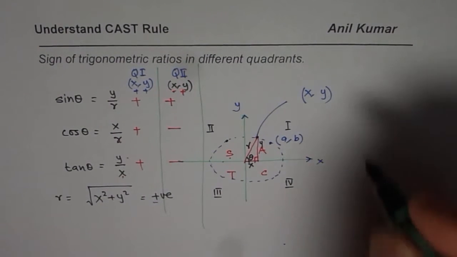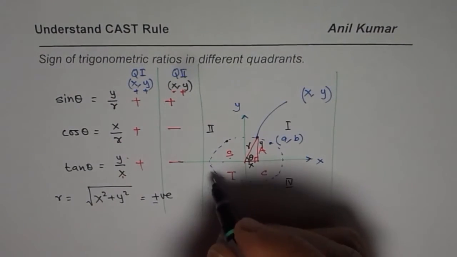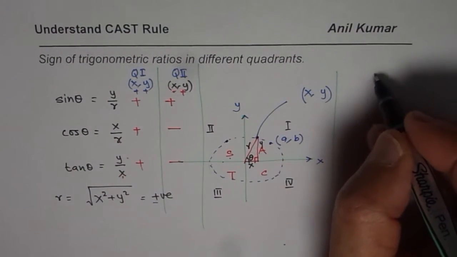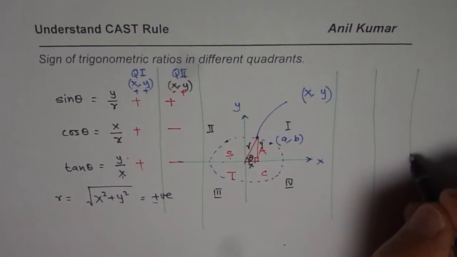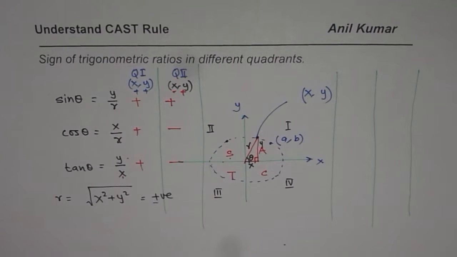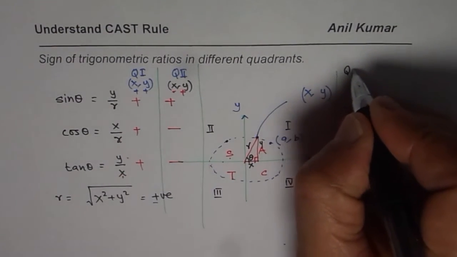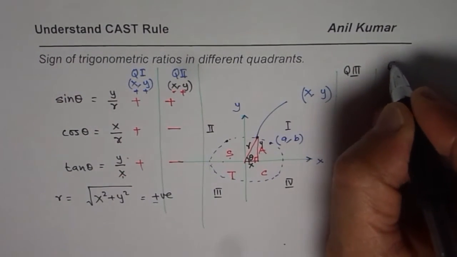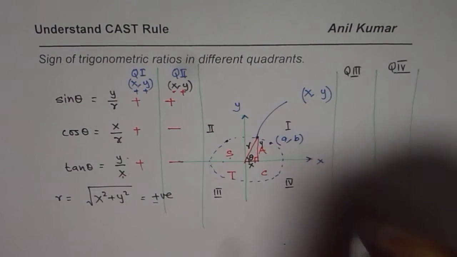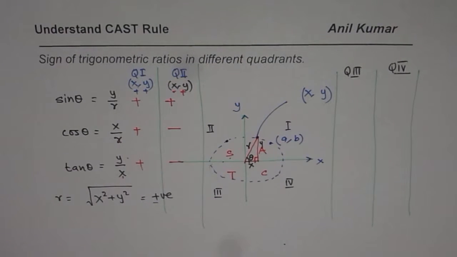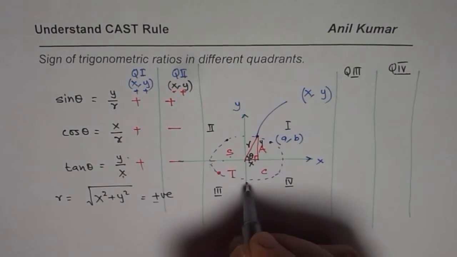Now we will go to the lower half of these quadrants, where we have quadrant 3 and quadrant 4. When you are in quadrant 3, a point here has x negative and y also negative.